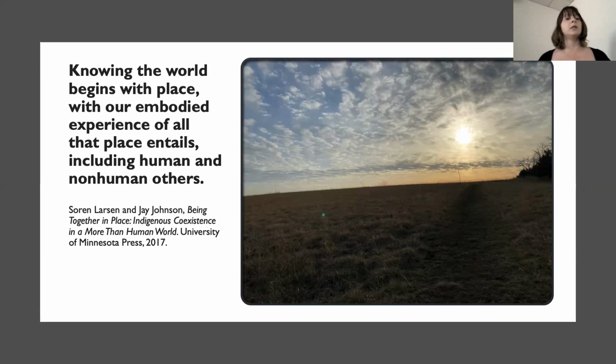And I really loved this quote: knowing the world begins with place, with our embodied experience of all that place entails, including human and non-human others. So I really took this text and this idea of learning from place to be the framework for my thesis show, which by the time I encountered it, I was already looking ahead to. And so I knew that that's what I wanted to work with.